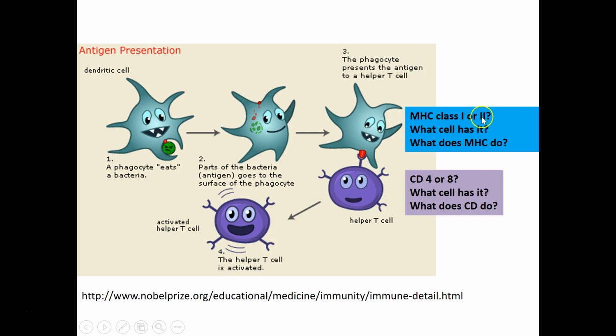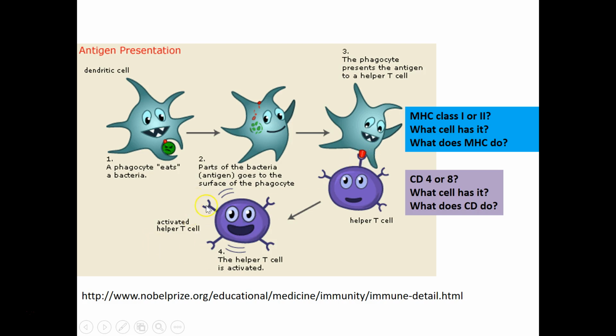And we know CD4 is restricted to MHC class 2, so it's class 2. What cells have this? Dendritic cells have this. What does MHC class 2 do? It actually presents the antigen. So that receptor is not shown in this picture. It's not very detailed. You do see a T cell receptor.